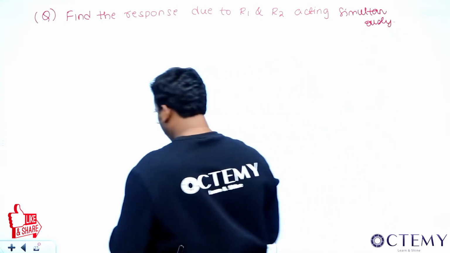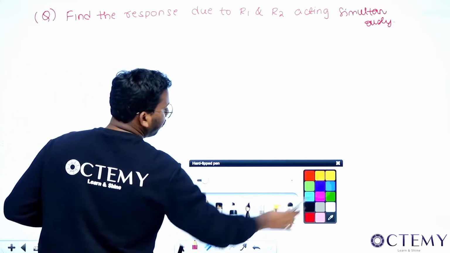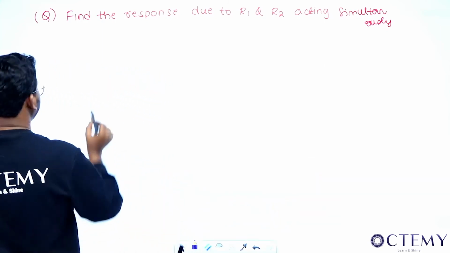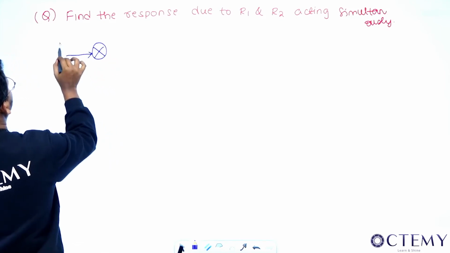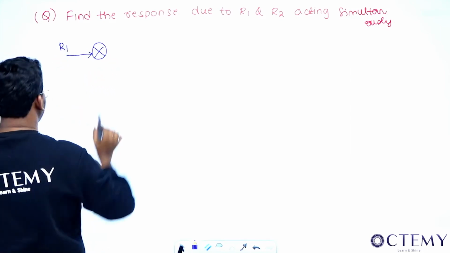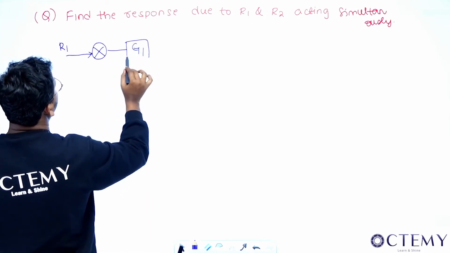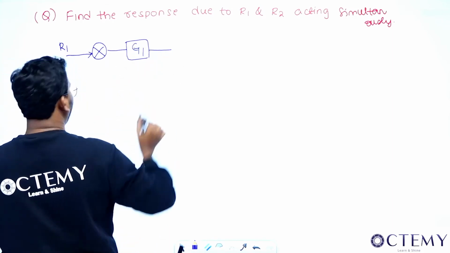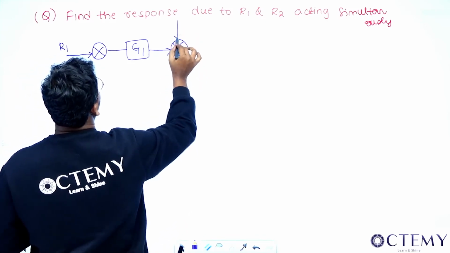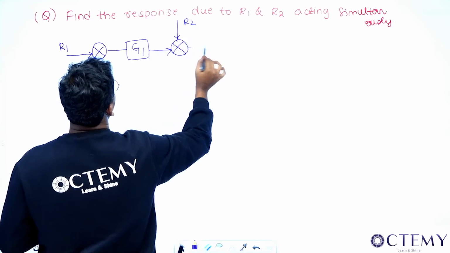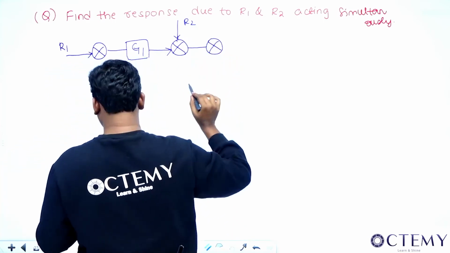Right, see what's the block diagram given. The block diagram is a simple block diagram compared to what we have solved. So it is like this sir. This is your R1 input 1 and there is this block G1 and you have another summing point here. This is your R2 and this one you have another summing point here.